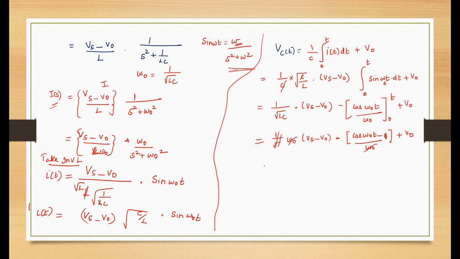Both get cancelled. Then multiply minus with this term. So Vs minus V0 into 1 minus cos omega naught t plus V0. So this is the equation for the capacitor voltage.